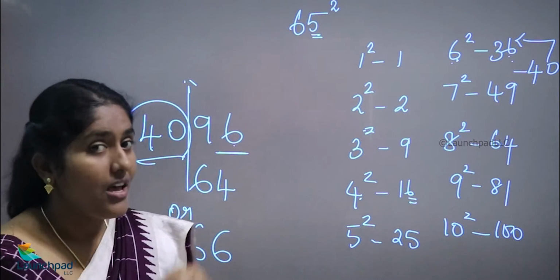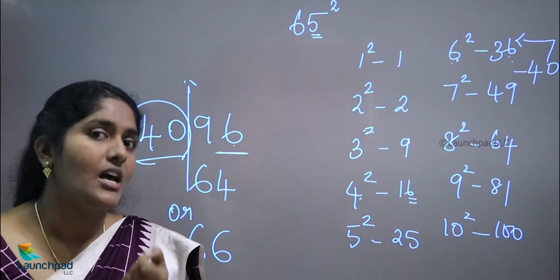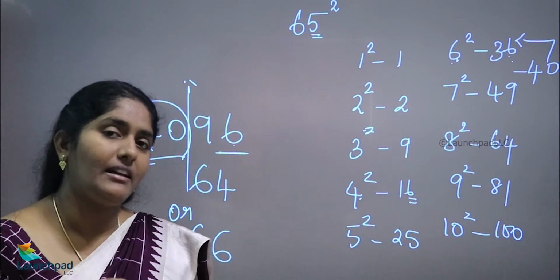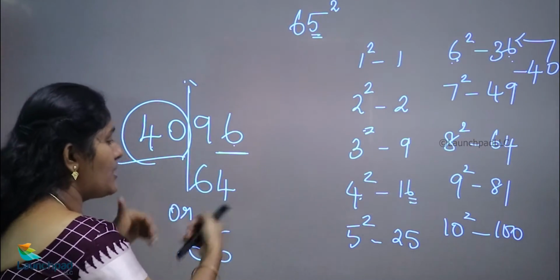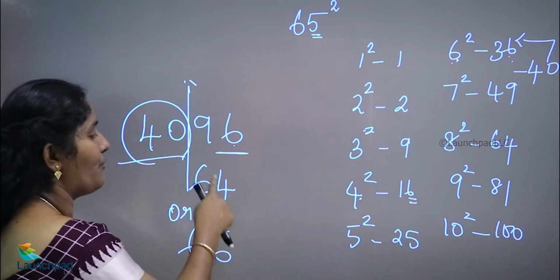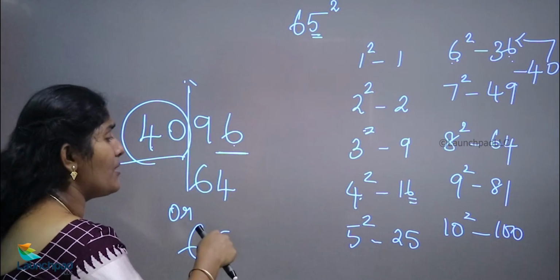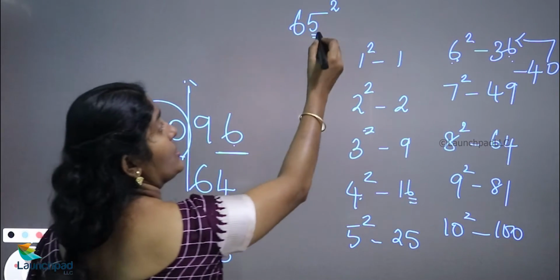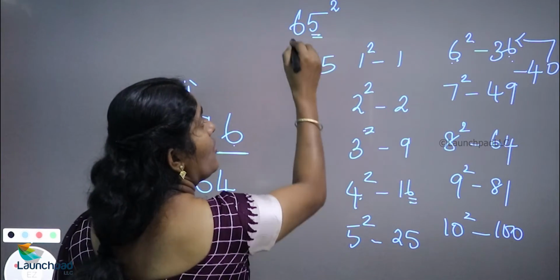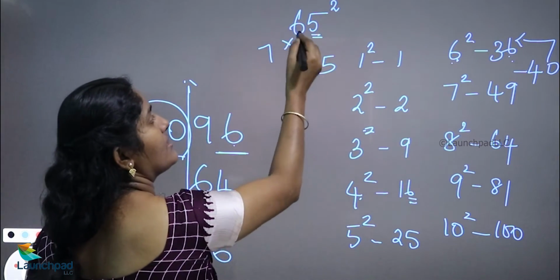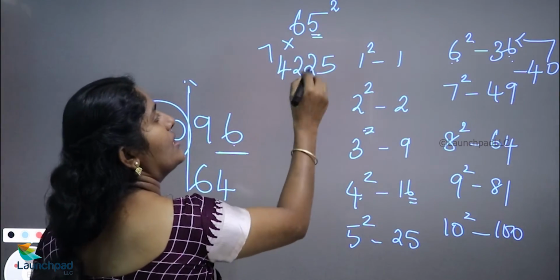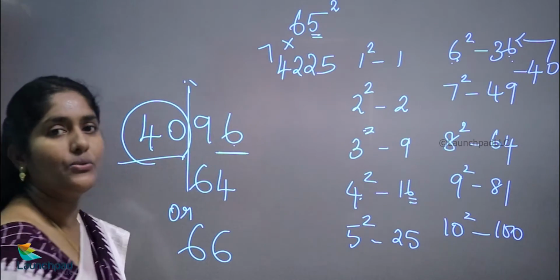So we want to take the middle value, 65. What is your 5 square answer? 25. What is your next number from 6? 6 sevens are 42.